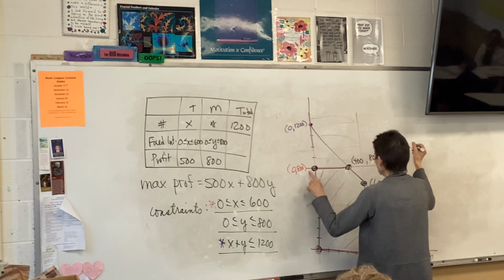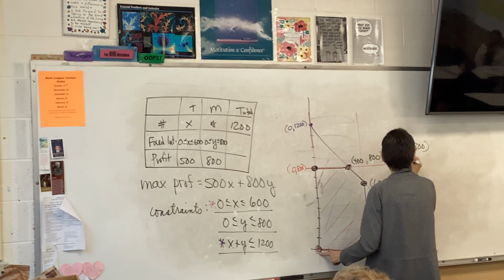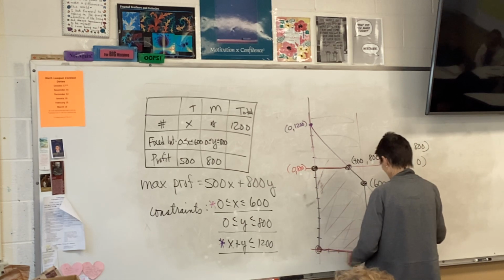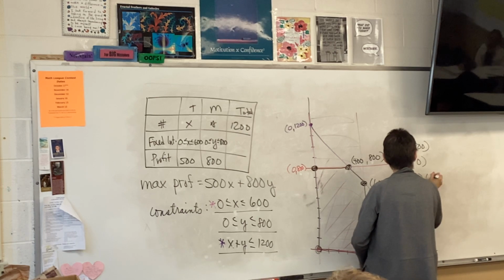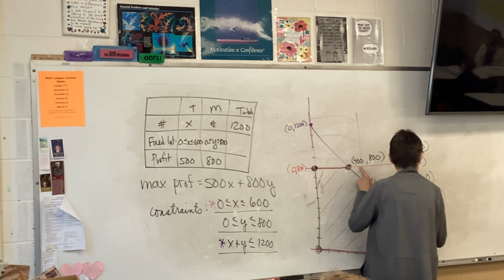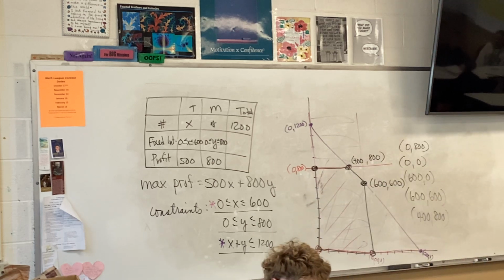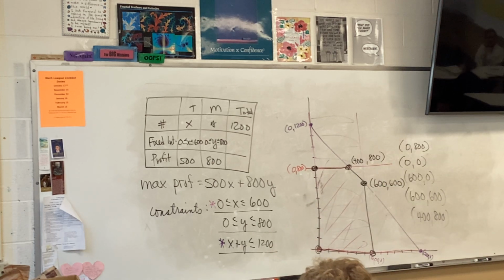What are my points? 0, 800; 0, 0; 600, 0; 600, 600; and 400, 800. So I have 5 points this time. All right, so what do I do now?